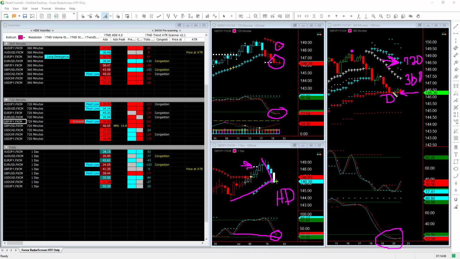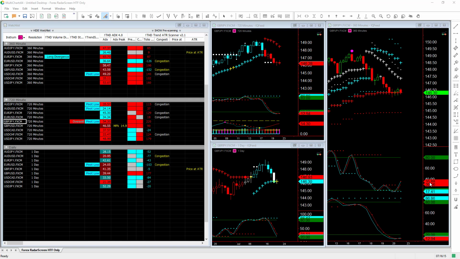So what I am anticipating is that this will bounce up to the 720 and then come back down. That does not mean that you do not have to watch it at this white ATR or even the white dot. Any of these areas could actually provide resistance. So you do have to watch all three of them, which is why they're on the chart.